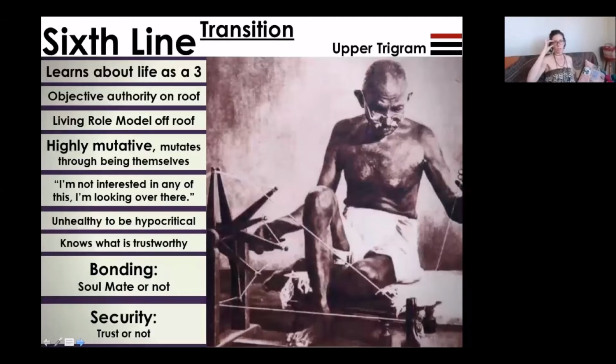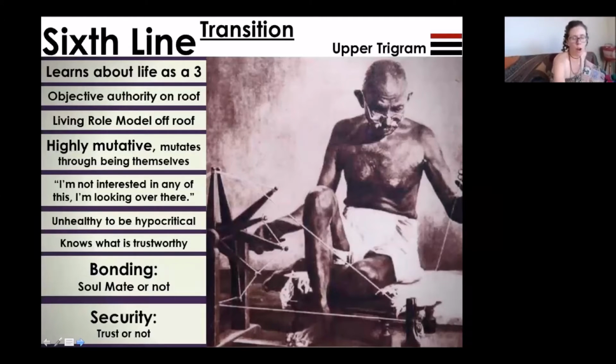So the first phase is 0 to 30 years old. The 6 is actually engaging in life as if it were a 3. So for the first 30 years of life, they're the martyr.